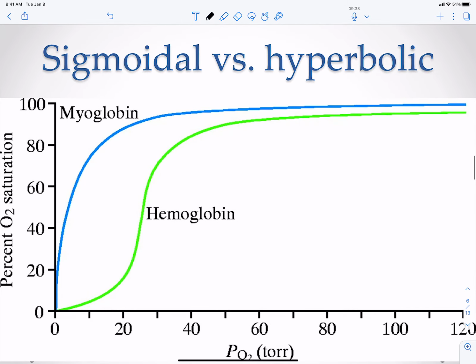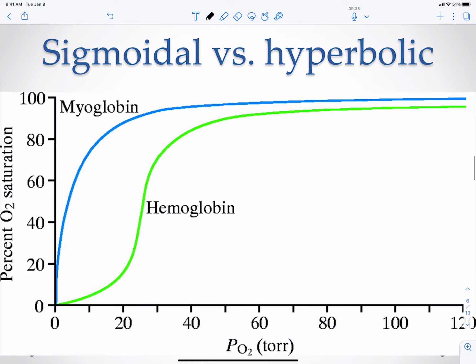Now, the reason why hemoglobin is so important is because it has a sigmoidal curve. So your myoglobin is what we refer to as hyperbolic. And this means that it gets saturated very fast.